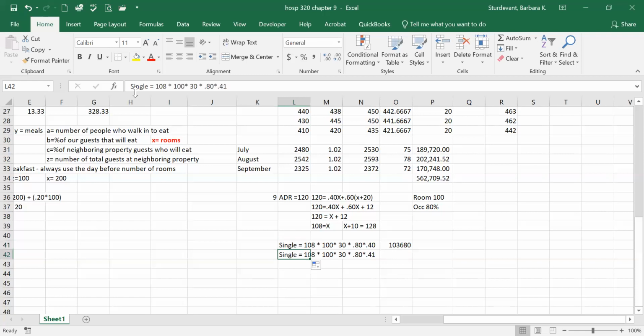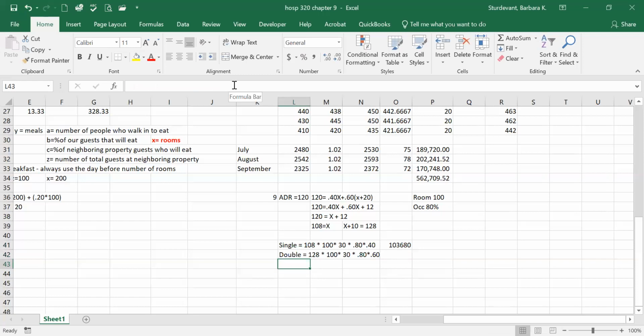Except we're going to change the price, it's going to be 128. The 100 stays the same, the 30 stays the same, the 80 stays the same, but the percentage is going to be 60.